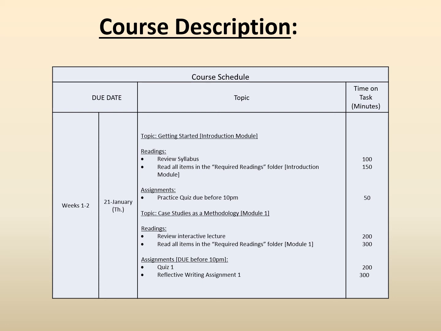This, of course, is entirely dependent on the individual student, but it's more of a weighting about which topic, which assignment carries the most weight in terms of expectations of how much time it will take. So this is how you interpret the schedule. Once again, it may be different for the semester that you take.